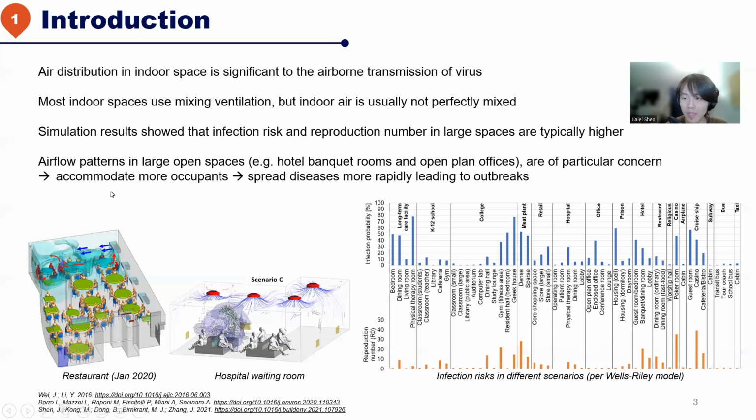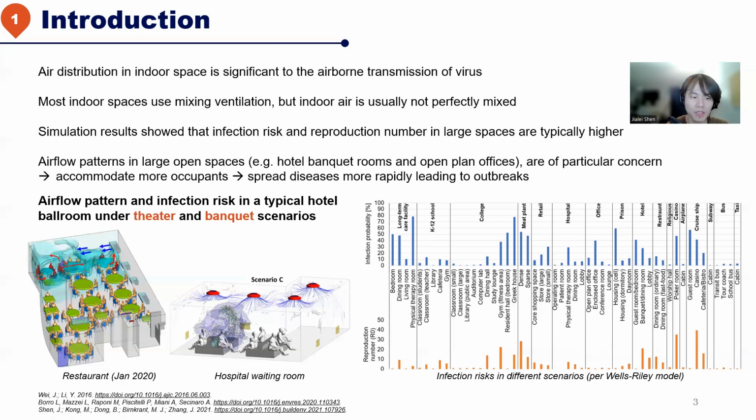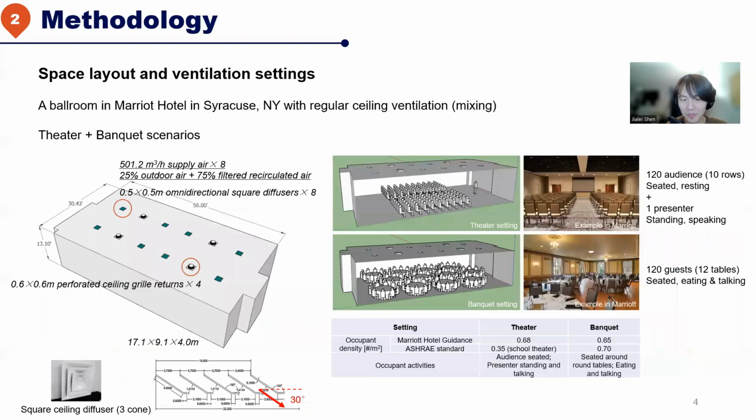In these spaces, there are usually more people, and it's more likely to spread the virus more quickly and to more people. So this study will focus on the airflow pattern and infection risk in a typical hotel ballroom in two different scenarios, a theater scenario and a banquet scenario.